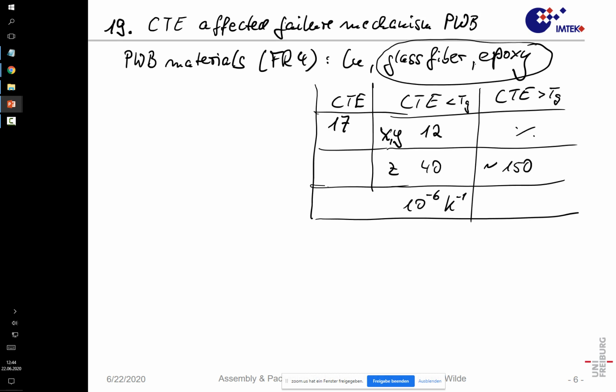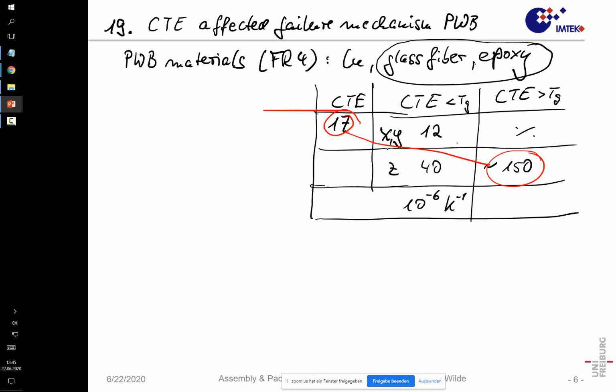And now, where is the biggest problem? We can see here it is above. No, sorry, I made a mistake. I wanted to do another circle. That's the biggest problem here, between the copper and the resin and the FR4, or the material above Tg in Z direction.